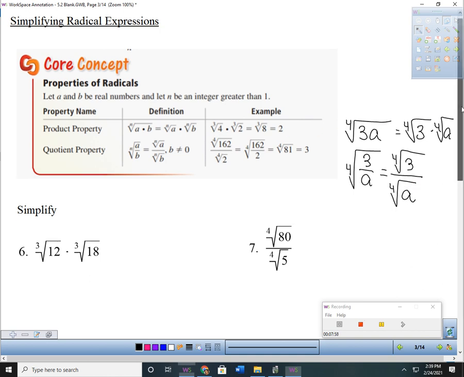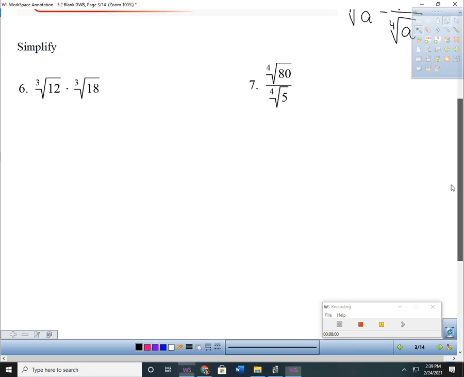So the first thing I always like to do when I'm simplifying roots is I'm going to check and just see if this is a perfect cube. Okay, it takes 5 seconds to plug into your calculator, and sometimes you can save yourself some trouble if you actually check them. Neither one of these are perfect cubes, so I'm going to go ahead and multiply them together. So I'm just going to take and multiply the 12 and the 18, and we'll write that as a whole step.